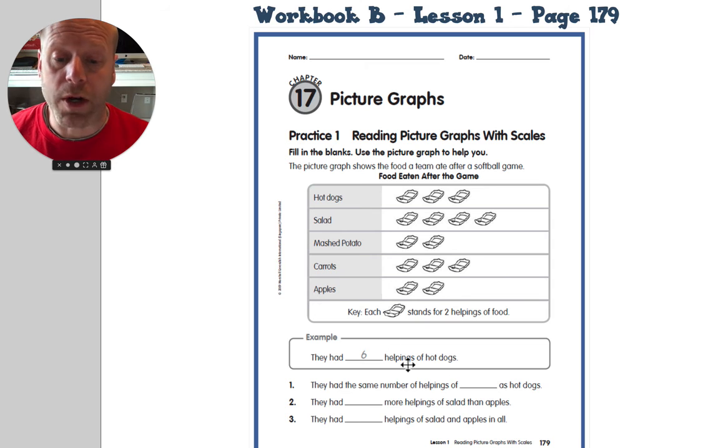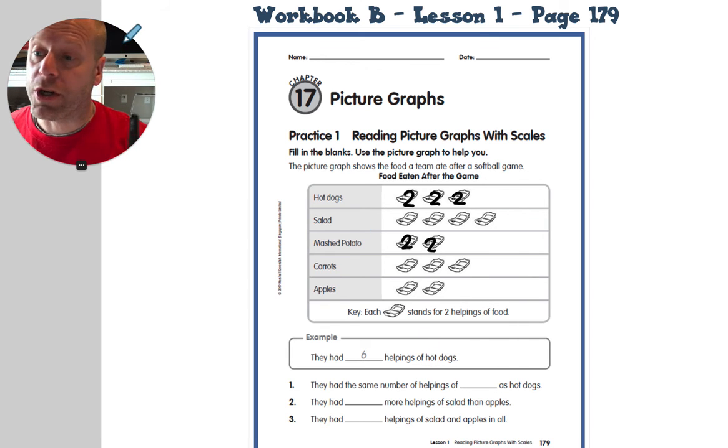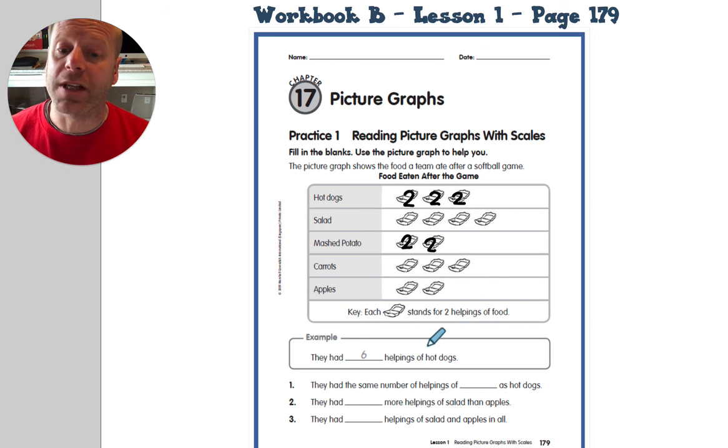Whereas the first one told you, oh yeah, each one of these dishes means 2 different meals, right? So 2 plus 2 is the answer to that one. 2 plus 2 plus 2 is the answer to that one. Yeah, very nice. So I want you to try chapter 17, the first lesson, interpreting, reading pictographs using the key.